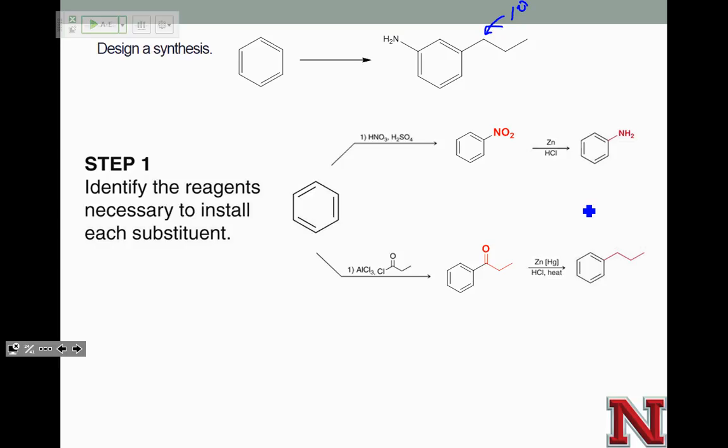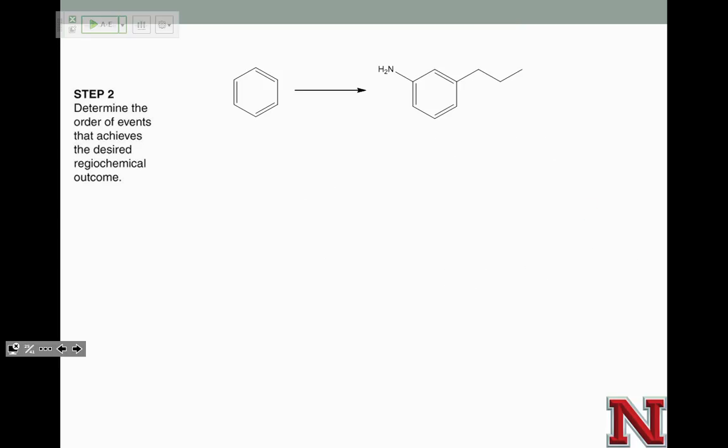So the question is, what order should we do these in? To consider that, now we have to look at our directing ability. The NH2 group is ortho-para, but that R group is meta. So that means that we're going to be adding one of the groups because they're meta to each other while we have that electron withdrawing group present.